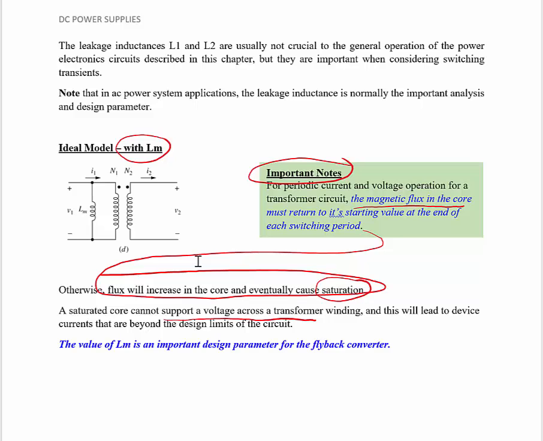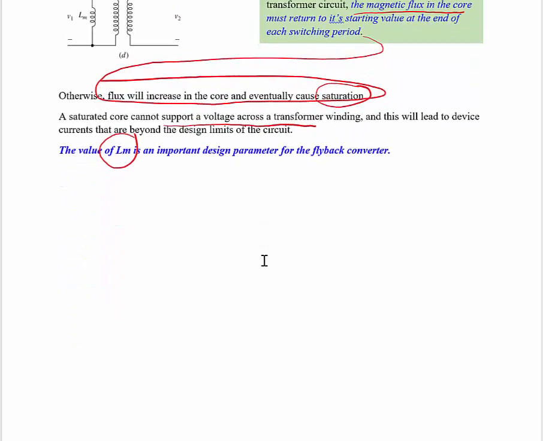The currents which are going to flow in this winding are then going to be so high, beyond the design limits of the circuit, which means that your windings are going to start heating up, and if you don't take care, you are going to destroy the transformer, which is a very, very expensive device. Therefore, the value of Lm, to make sure the magnetic flux in the core returns to its starting value, is a very important design parameter when dealing with the flyback converter.